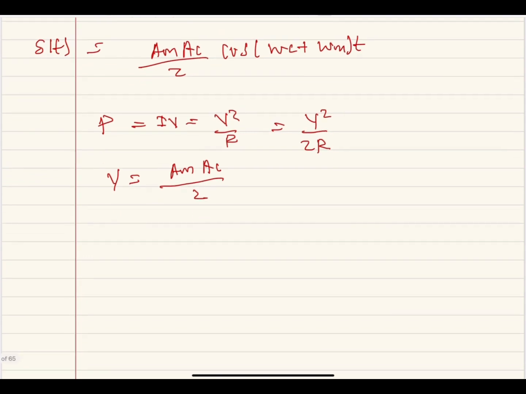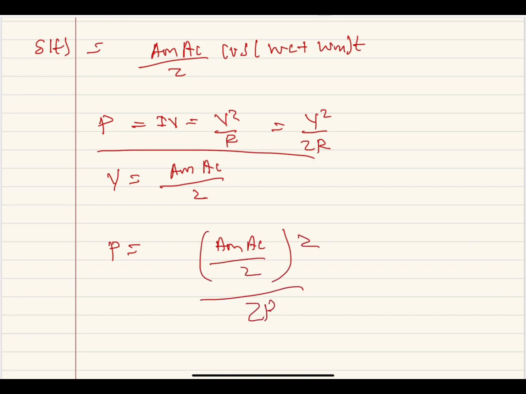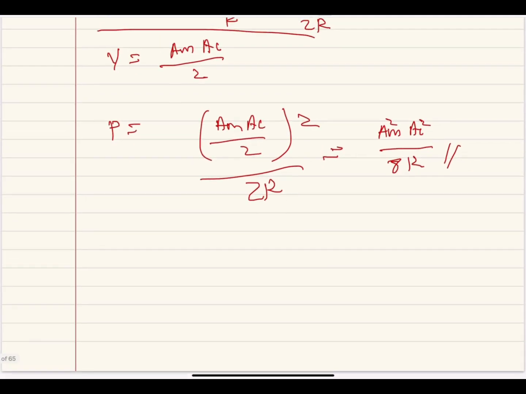So in substituting it into this power equation, we are going to get power is equal to (AM AC over 2) all squared over 2R. And at the end, we are going to get AM squared AC squared over 8R.